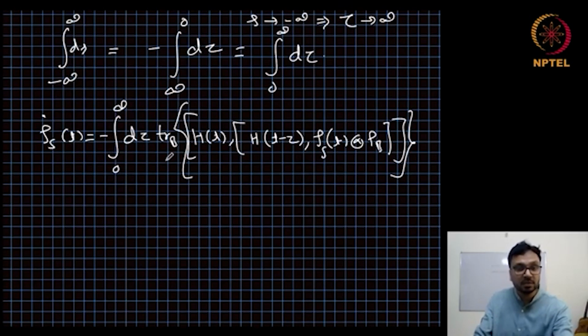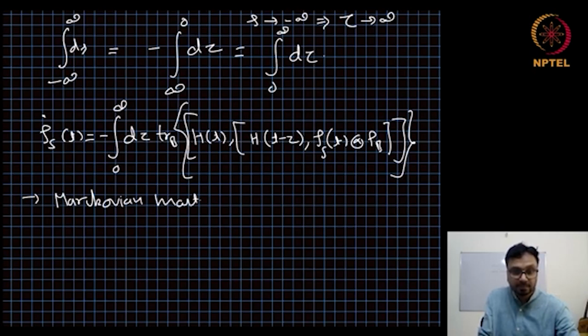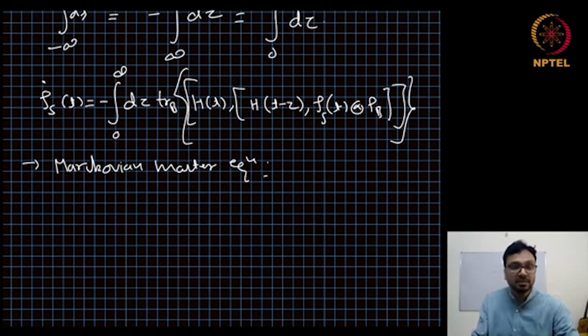So this is our dynamical equation when we substitute s with t minus tau, and we assume the bath correlation functions are fast decaying. This is a Markovian master equation. And this we reached by using the Born approximation also, so it's also called the Born-Markov master equation.